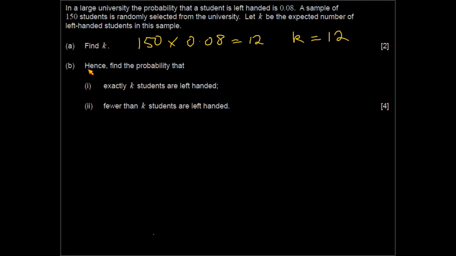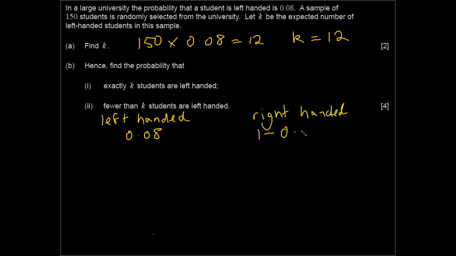Okay, next it says, hence find the probability that exactly K students are left-handed. So the way we're going to do this, we're going to look at the probability the student is left-handed, which is 0.08. Then we're going to need the probability that they're right-handed, or not left-handed, which is going to be 1 minus 0.08, which is going to be 0.92.